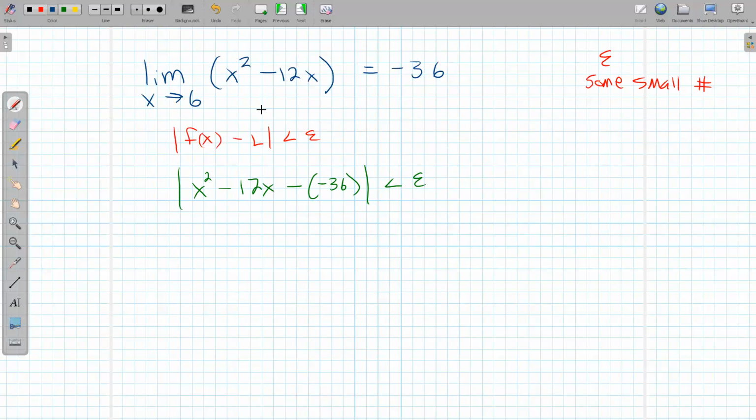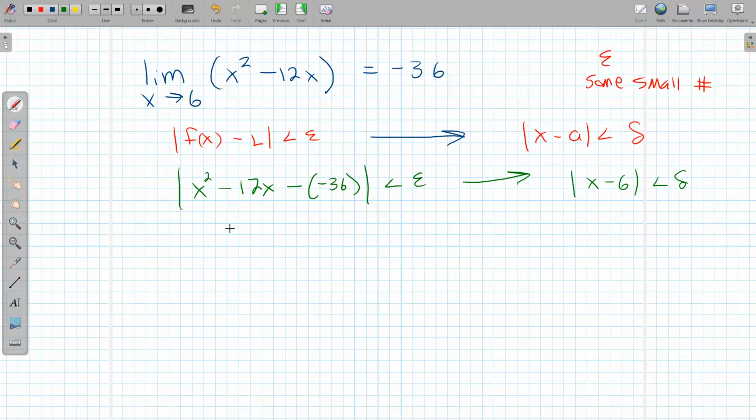Remember, the goal here is to take that thing and make it look like the absolute value of x minus a is less than delta, to discover delta. And so that means the goal we have here is to make that thing look like x minus 6, where 6 is my value for a, is less than delta.